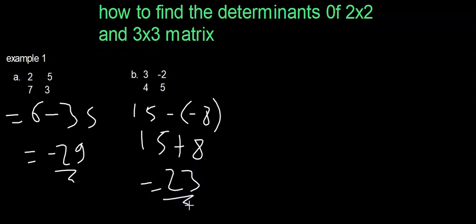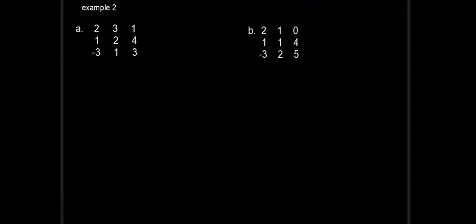Now let's go to the 3x3 matrix, and the 3x3 matrix is a little bit different than the 2x2 matrix. Let's see it. Now this one is a 3x3 matrix.